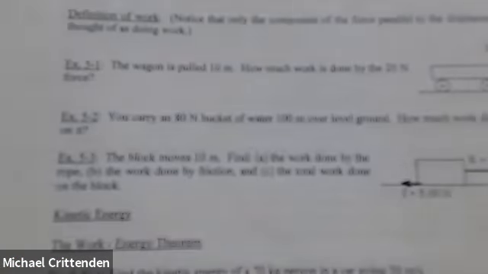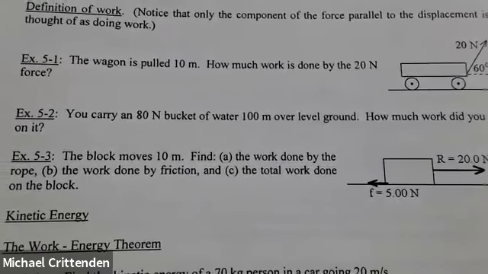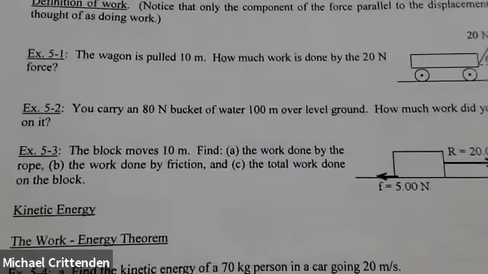Number 3. The first 2 questions were about the work done by a particular force. In number 3, by the time we get to the last part, we're finding the total work done on an object by all the forces that act on it. But the first couple parts amount to finding the work done by one force at a time.